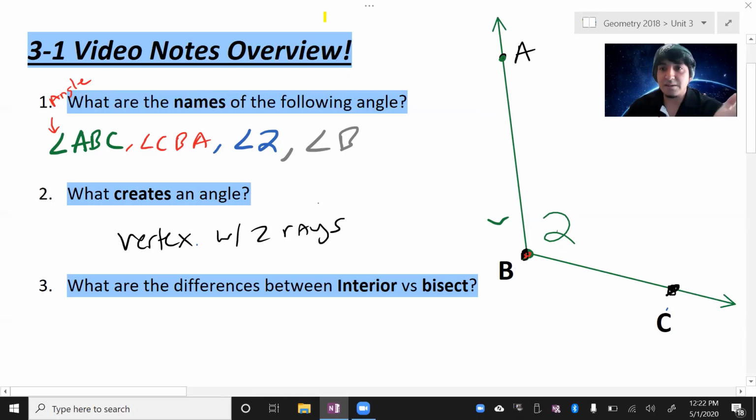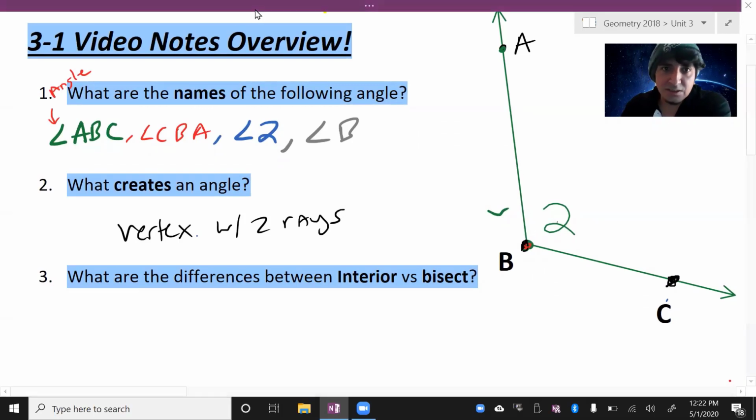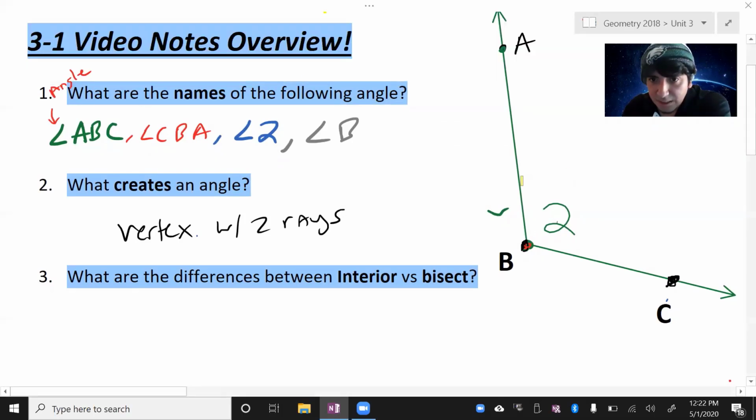Now, initially from here, we have to understand where it's created. Some of you may see an arc, and it kind of makes a bridge. And this bridge is considered the angle itself. So when you see all these little markings, it represents angles.